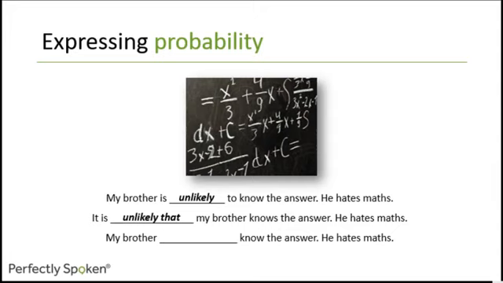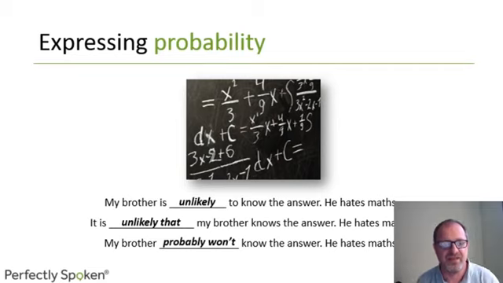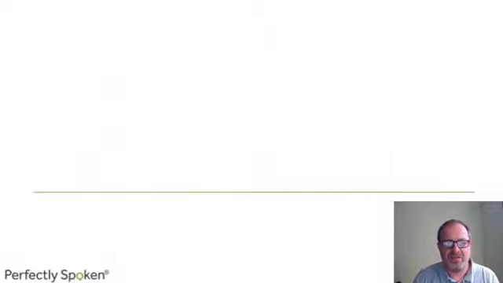So remember the change of the position of probably. Won't know the answer. He hates maths. My brother probably won't know the answer. He hates maths. So in positive, will probably know. In negative, probably won't know. Okay? All right then. So that's probability.